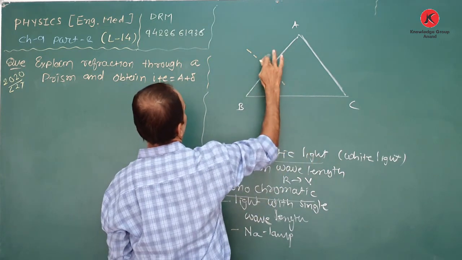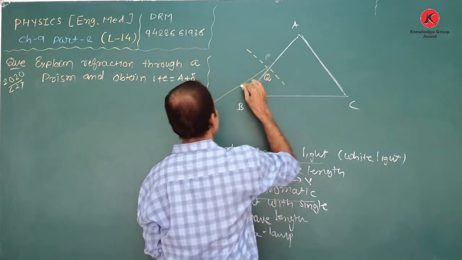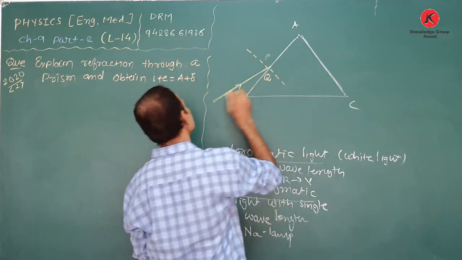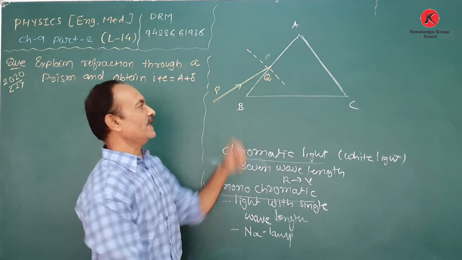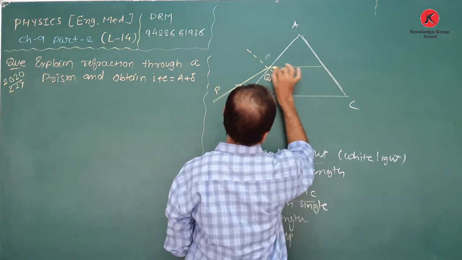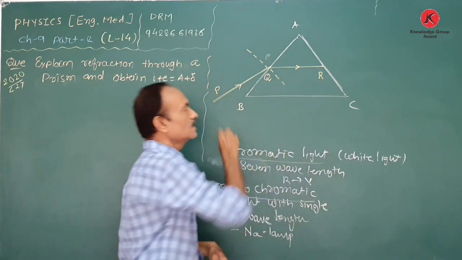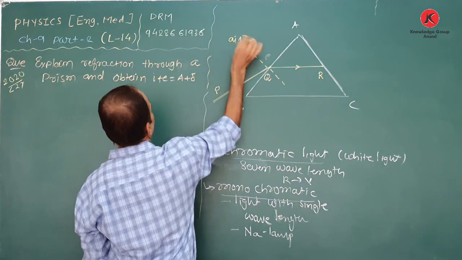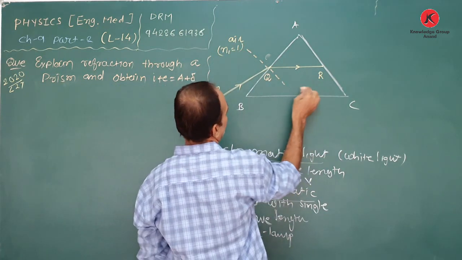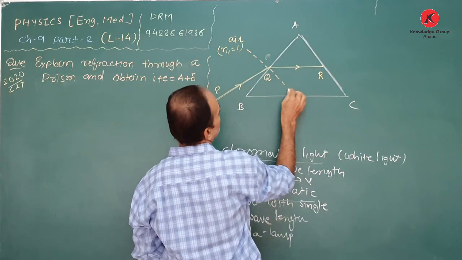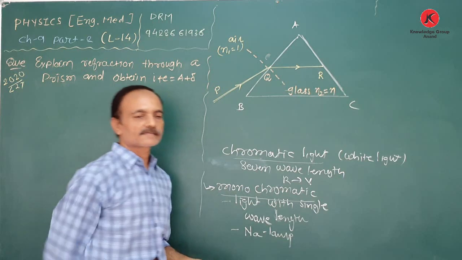A ray of monochromatic light, PQ, is incident at point Q. According to Snell's law, it is refracted as QR, and that point is R. Here, there is the air medium, having refractive index n1 equal to 1. Now, there is the glass medium. The prism is made from glass, with refractive index n2.